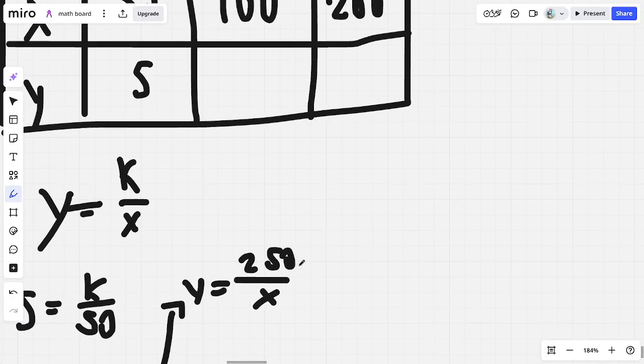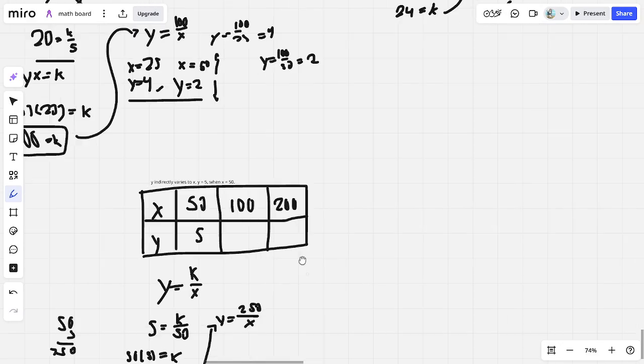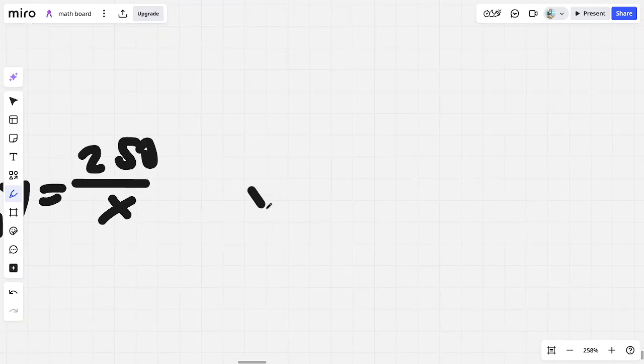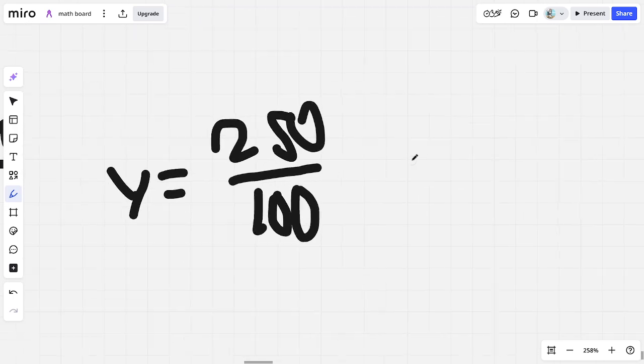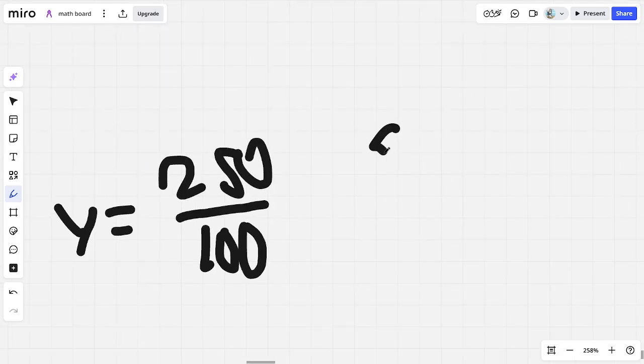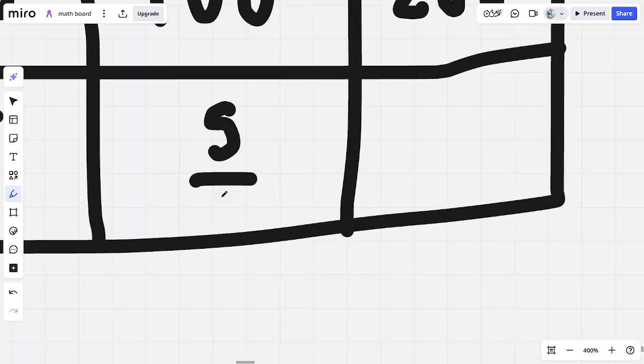Substitute the value of x with 100, and that's just going to be y is equal to 250 over 100, and that simplified will get us to 5 over 2.